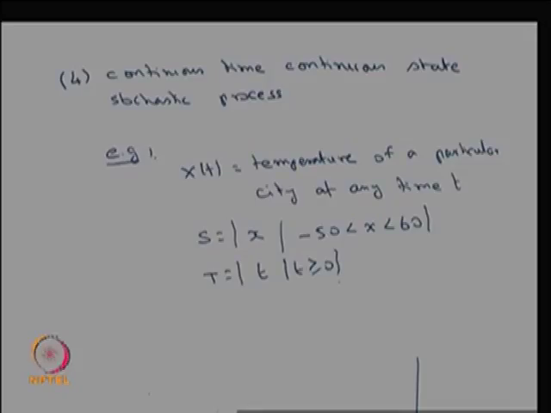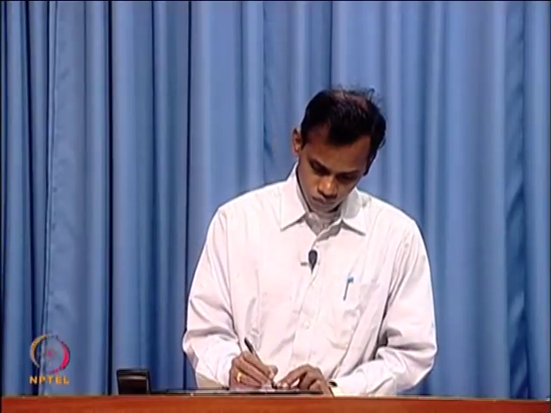Therefore, the parameter space is a continuous one and the state space is a continuous one. Therefore, this collection of random variables will form a continuous time, continuous state stochastic process. Let me give one more example of the same type, the fourth type, that is example 2.